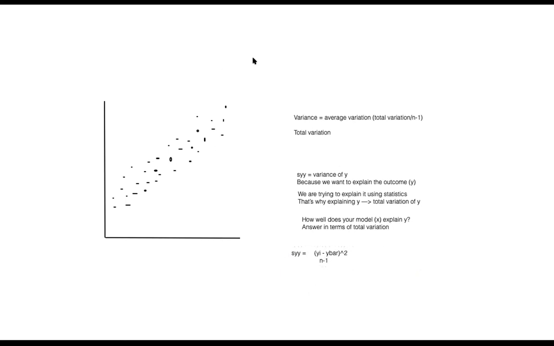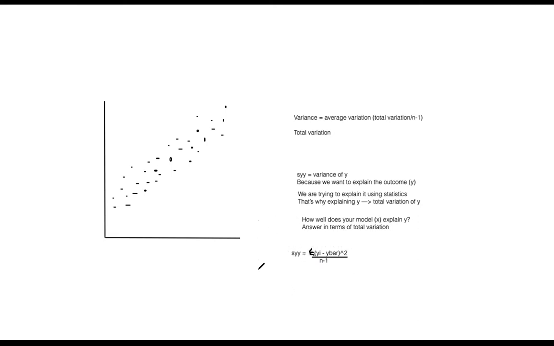So you do this division, but it is a sum. Oops, it is a sum.